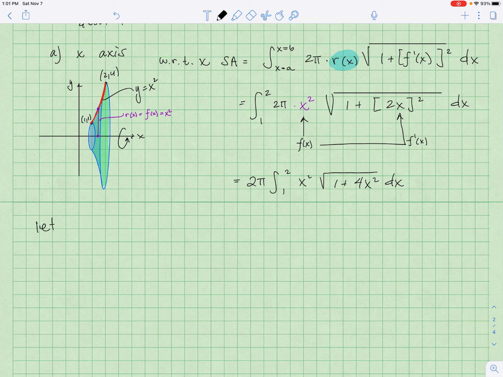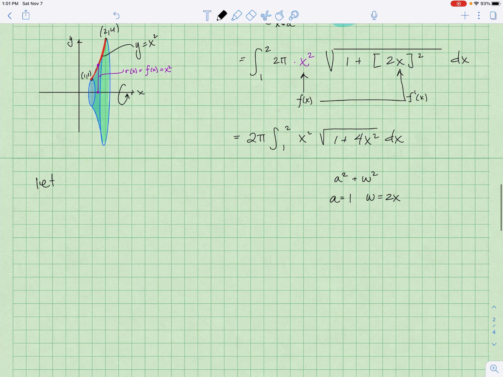This is a squared plus w squared, where a is 1 and w is 2x. So in general, we need to let w equal a tangent of theta. And so my choice here will be 2x is equal to the tangent of theta.